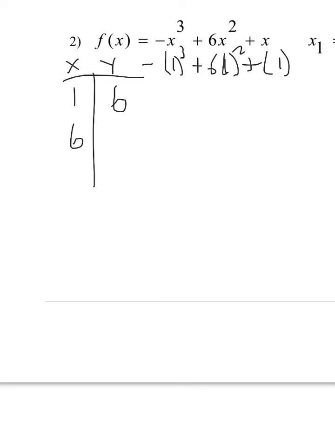You can also do this in your calculator by entering your function into the graphing app and going to the table, and you'll get a list of points for your function.